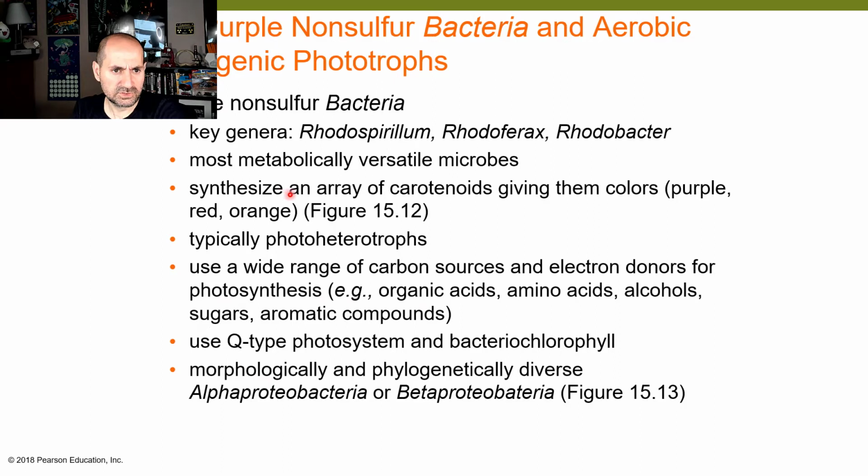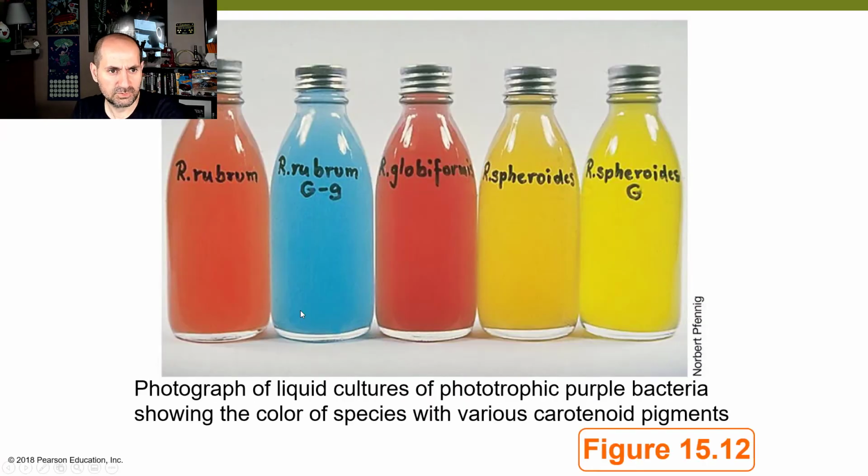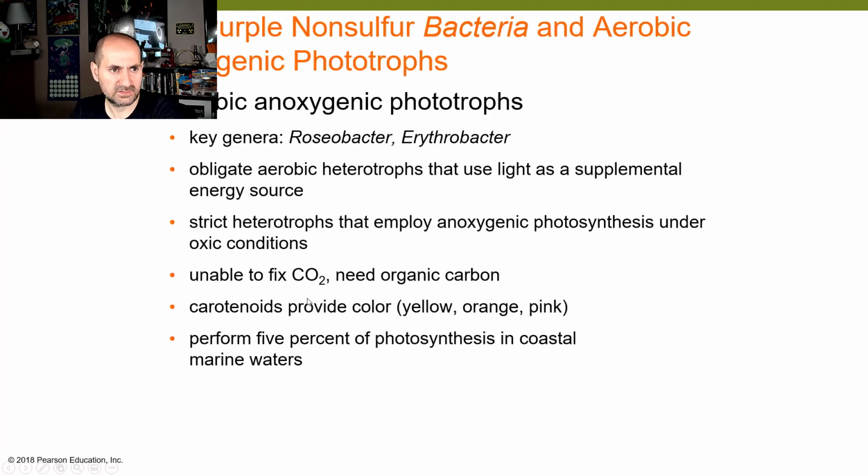I just want you to know in this case that they are heterotrophs and they undergo photosynthesis. But there was nothing really too interesting here that I really wanted you to know. Let's just move on from these bacteria to the aerobic anoxygenic phototrophs.